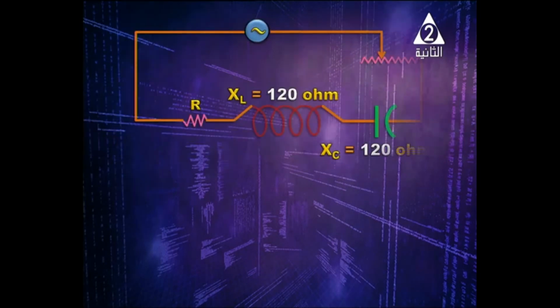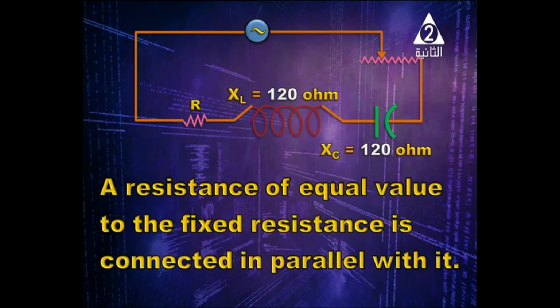What happens when a resistance of equal value to the fixed resistor is connected in parallel with it? Your attention, please. Here we've got a circuit in a state of resonance. Why is it in a state of resonance? Simply because XL is equal to XC. Inductive reactance is equal to 120 ohm. Capacitive reactance is the same, it is 120 ohm.